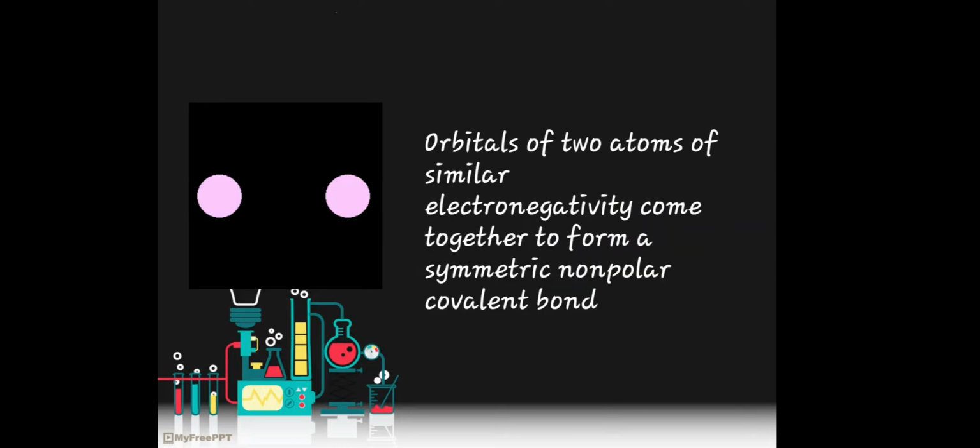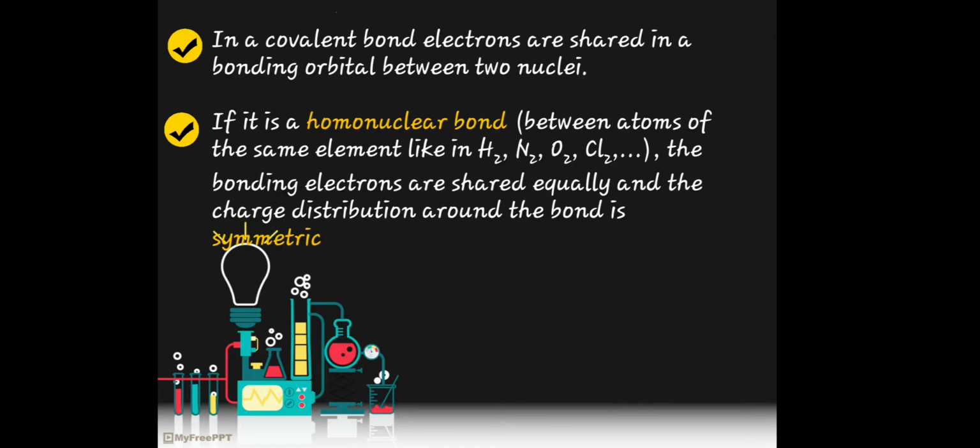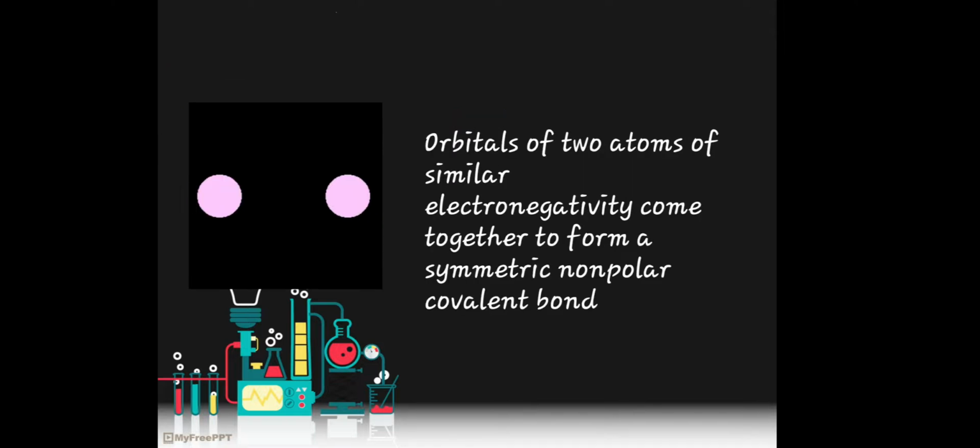But if we compare it to homo, homo means the same element, like hydrogen, hydrogen, nitrogen, nitrogen, oxygen, oxygen, and chlorine, chlorine. Meaning to say they are the same element and they can share electrons equally. So that is the difference between homonuclear bond and heteronuclear bond.